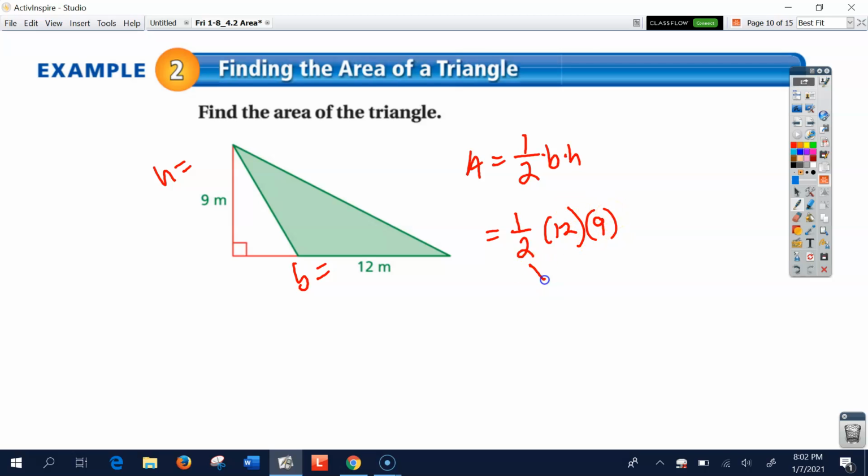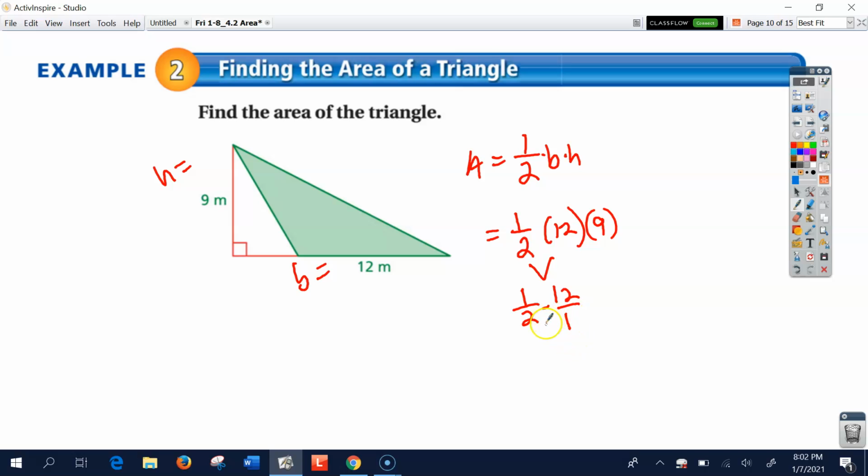Now remember, when you're multiplying 3 numbers together, you can only do 2 numbers at a time. So I'm going to multiply 1/2 times 12 over 1. You could just do mental math if you know that half of 12 is 6. But I'm just going to remind you of when we multiply fractions, we multiply the numerators, we multiply the denominators, but before we do that, we look to do some cross-reducing.